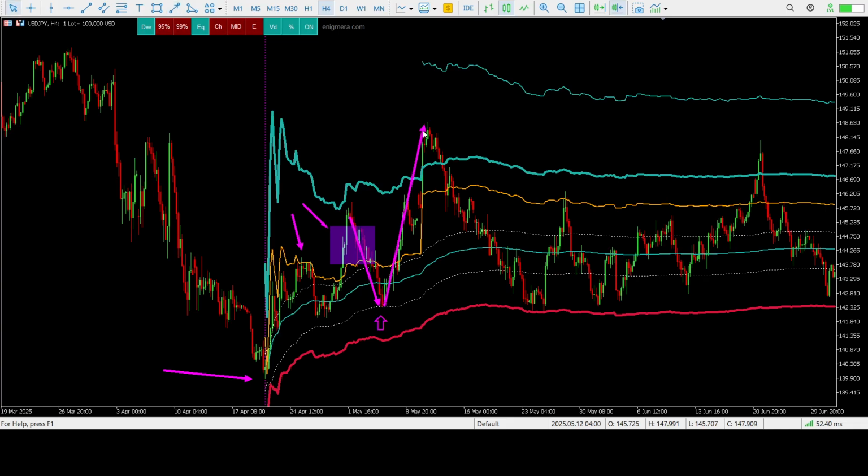The trend proceeded further up to this top. Before that the market broke the exhaustion line, and after that reached this top. Let's proceed further.